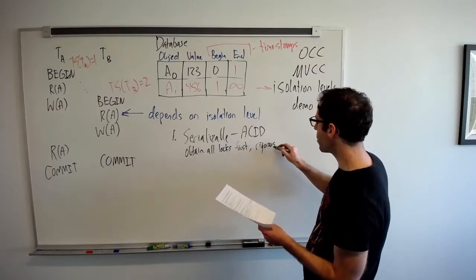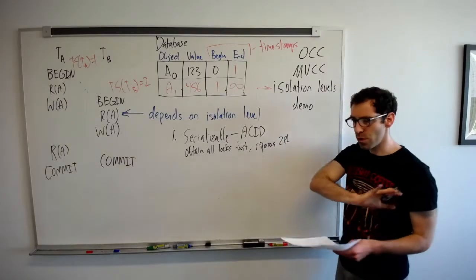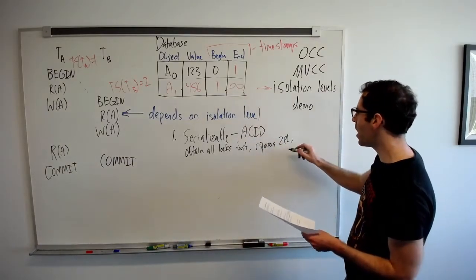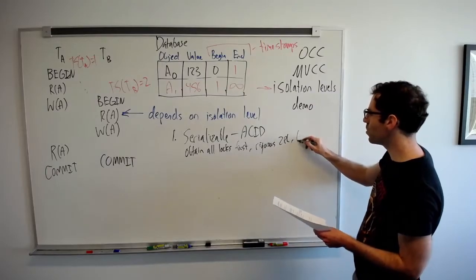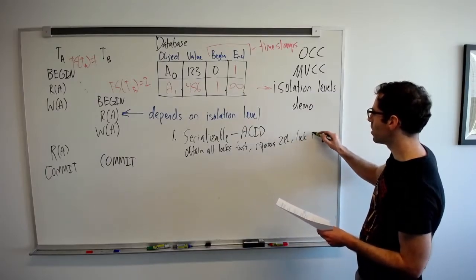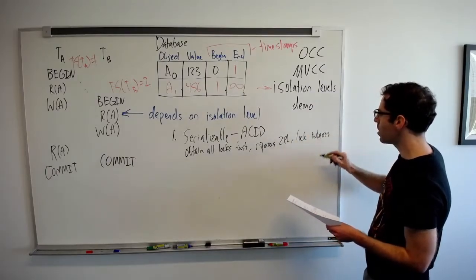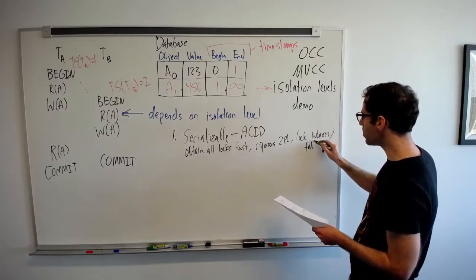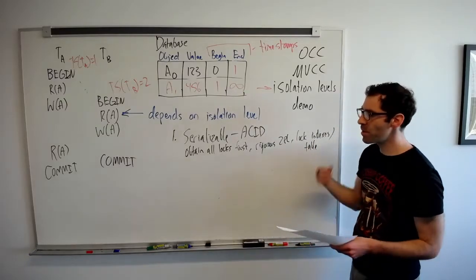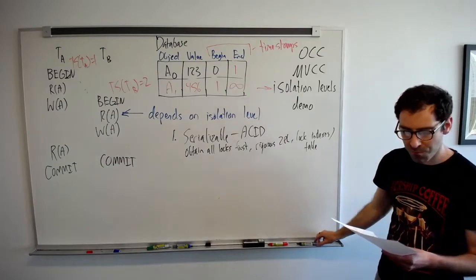Use our rigorous two-phase locking, so don't release any locks until commit. And then we're also going to lock indexes or tables in order to prevent something called a phantom read.